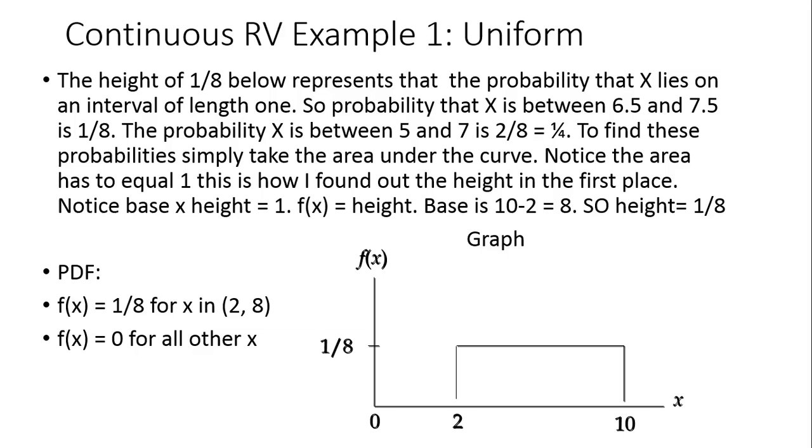What is the probability of getting exactly 6? It's essentially 0, because getting an exact number, there is an infinite amount of numbers between 2 and 10. Because it's continuous, they're not integers here. I can get a number like 6.005. That is another number.